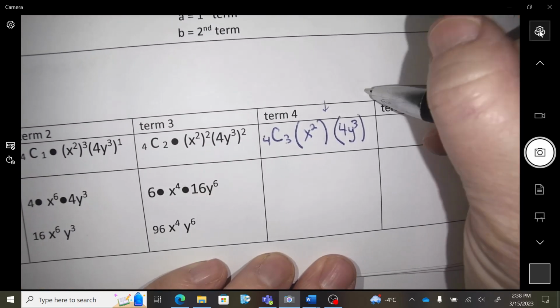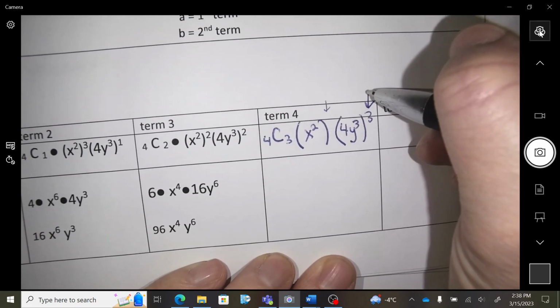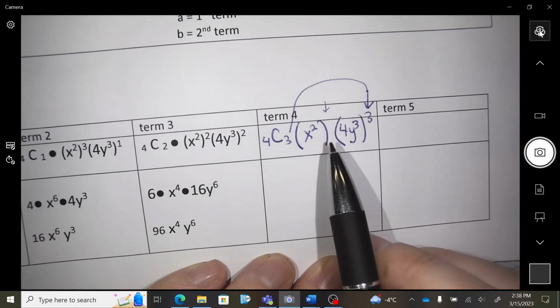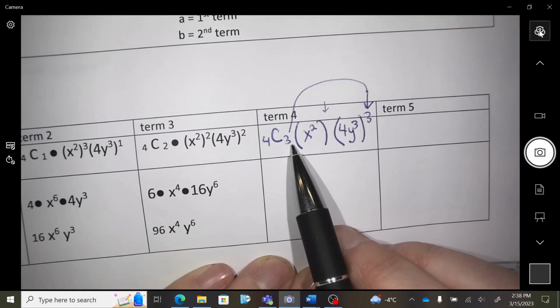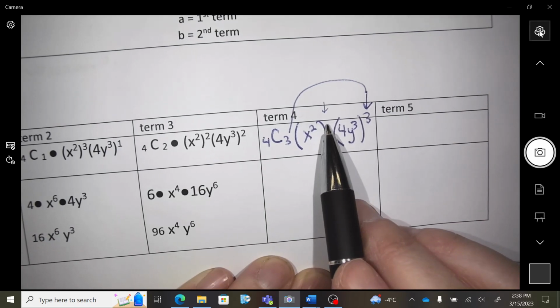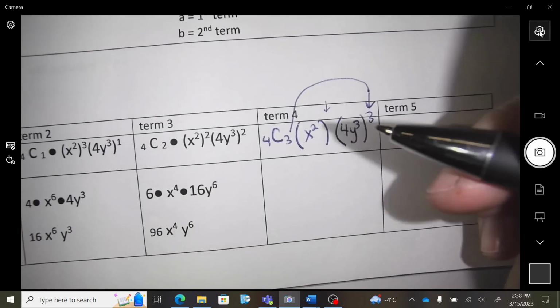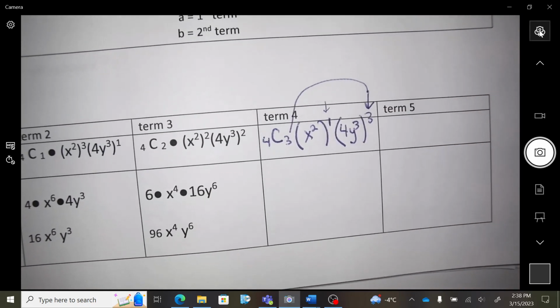Now, this exponent matches, so whatever this choose number was is this exponent. And this exponent is the subtraction. So our exponent needs to make 4, so this has to be a 1.